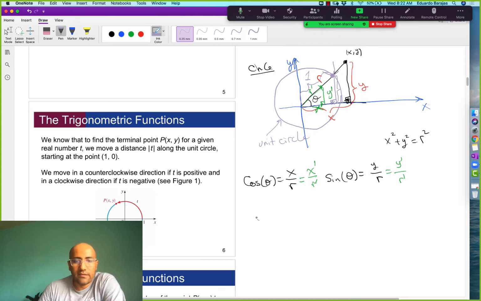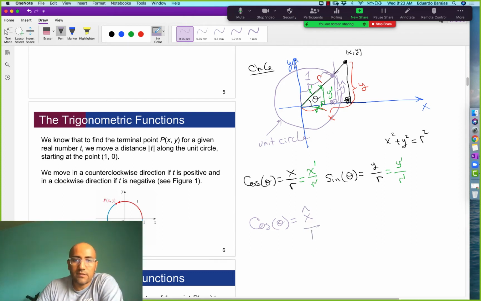So in this case, cosine of theta is equal to this x hat over its radius, which just happens to be 1, right?